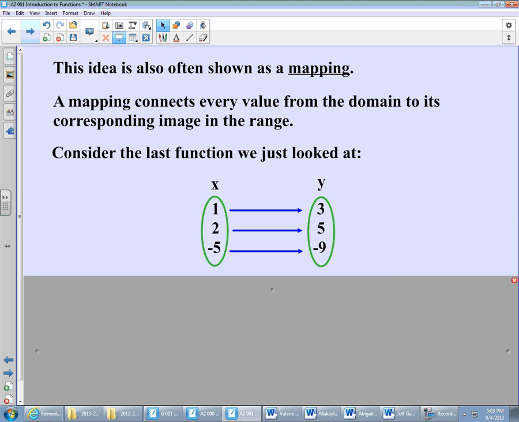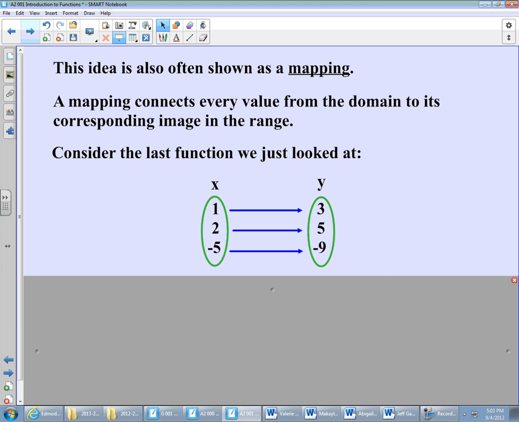The y-axis is referred to as dependent because the y value, the image, depends upon what the x value is going in. In each of the cases, when 1 went into the function, a 3 was the result. When the 2 went into the function, 5 was the result. When -5 went in, -9 is the result.